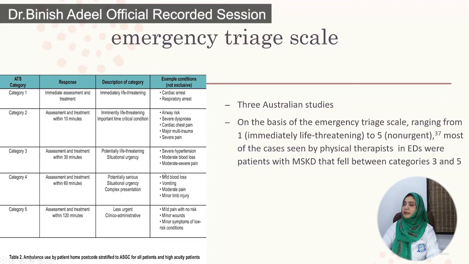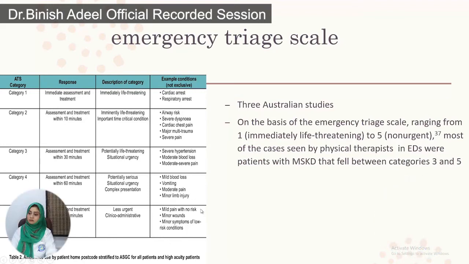That means they can have moderate to severe pain, they can be assessed and treated within a 30 minute time frame, and they can have a minor limb injury, minor wounds, or very low risk conditions. These are all conditions which a physical therapist can treat and attend to.